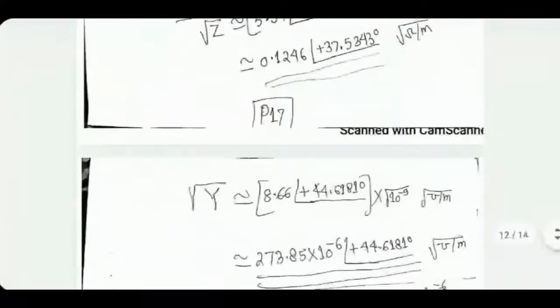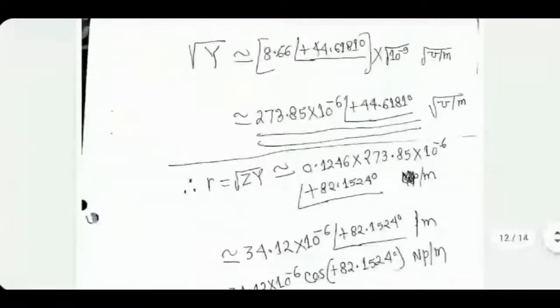Then I go to Y and take the square root. Again, the angle is halved and the magnitude is square rooted to get these values. Now I multiply these two square rooted values to get gamma. Since I multiply, the two angles add up now. 44 point something and 37 point something, they add.